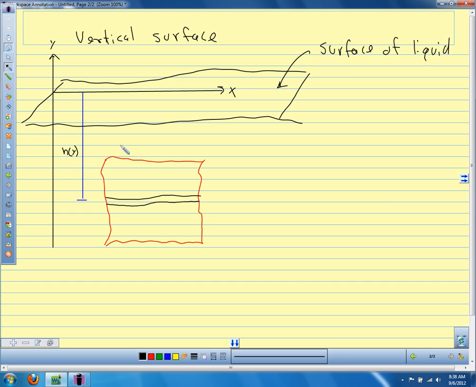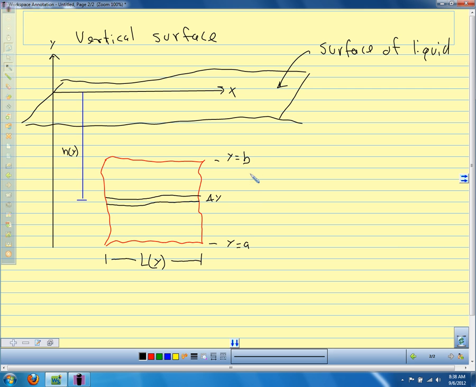The depth below the surface of the liquid is some function of y. And we're going to call this dimension the length. The length is some function of y. The thickness of our little strip is delta y. And we're interested in finding the force on this surface from y equals a to y equals b.